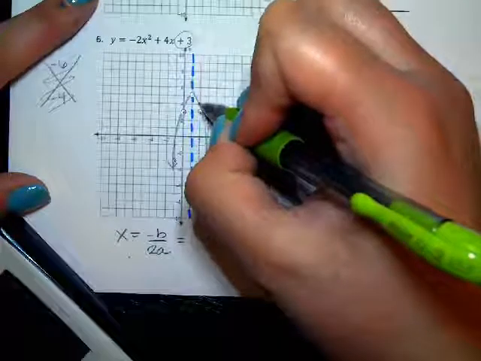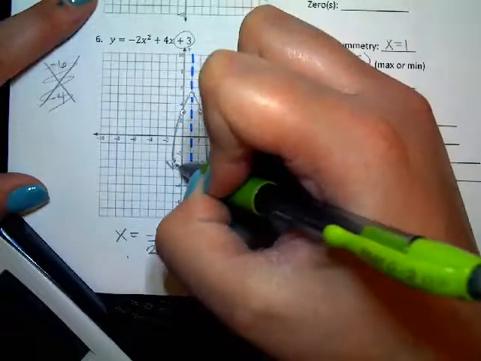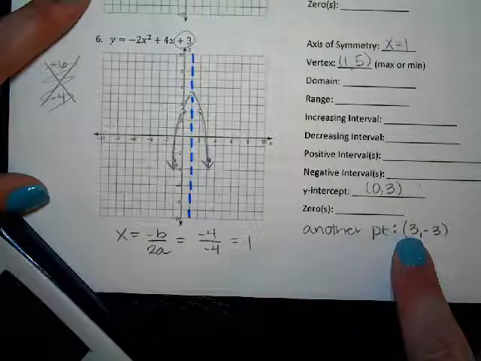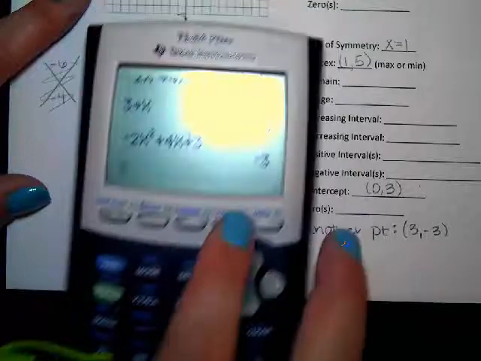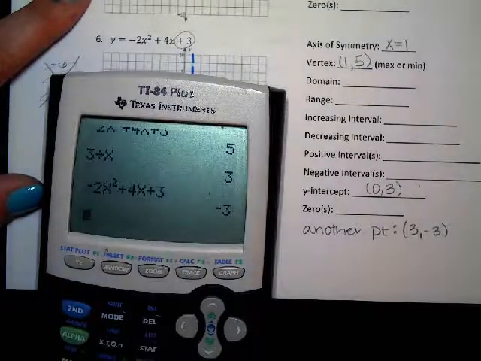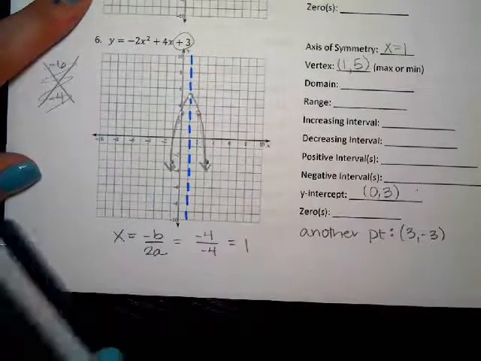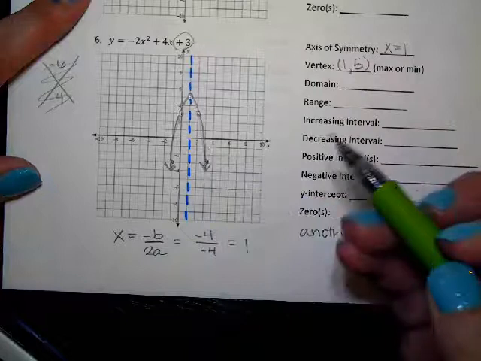All right, now, hey guys, for any problem that you were not able to factor, when you get the answer none for zeros, for positive and negative intervals, you're going to say skip. Because if we're not able to find the x-intercepts, we're not going to be able to answer that question. Does that make sense?